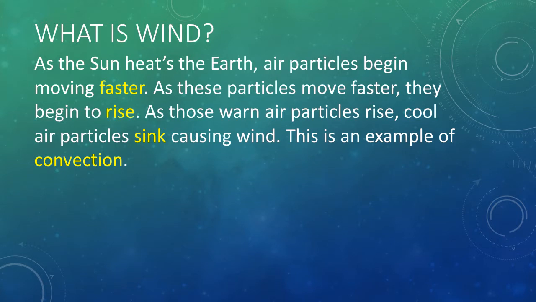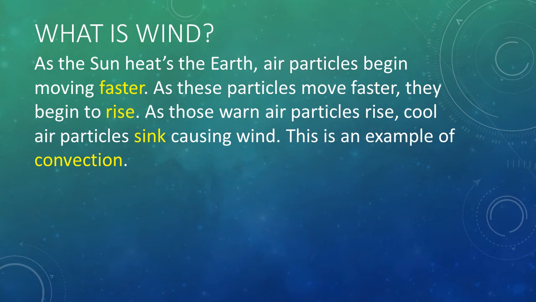Now, what happens when this occurs? Well, as the sun heats the Earth, air particles, right, small little microscopic pieces of air, begin to move faster. Now, as these particles move faster, as we've talked about before, they move further apart, and because they're air, they begin to rise.